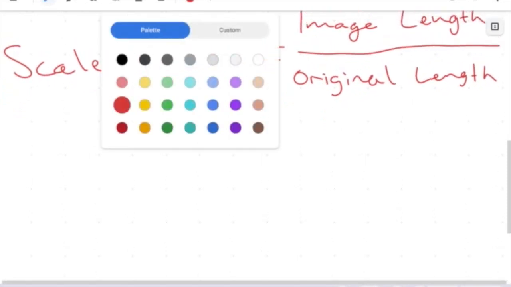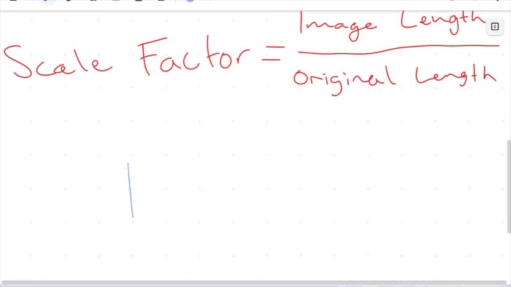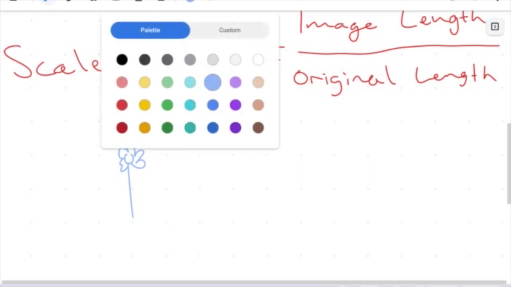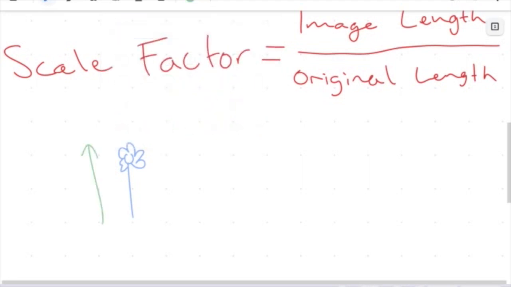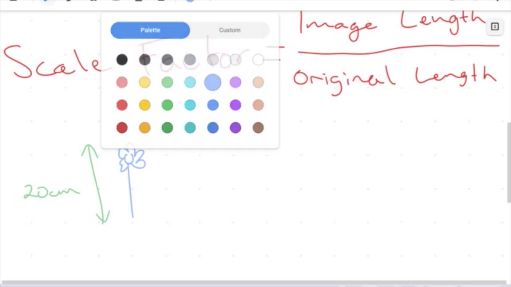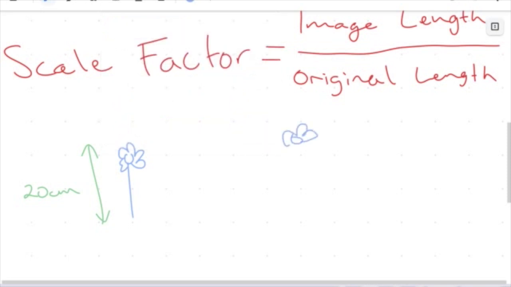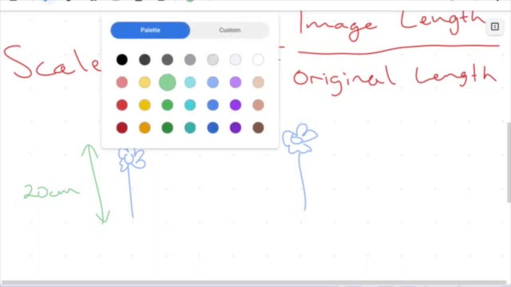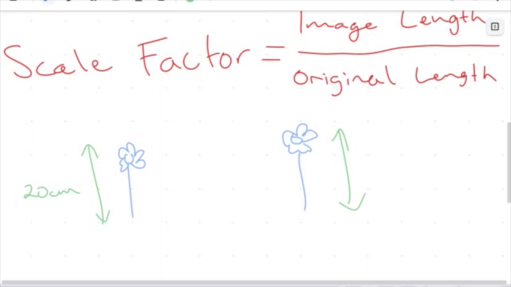So if we took our flower analogy again, and this flower, for example, had a height, if we measured this length as, let's say, 20 centimeters, and we zoomed in, and the new height was 40 centimeters. So we have two lengths here.